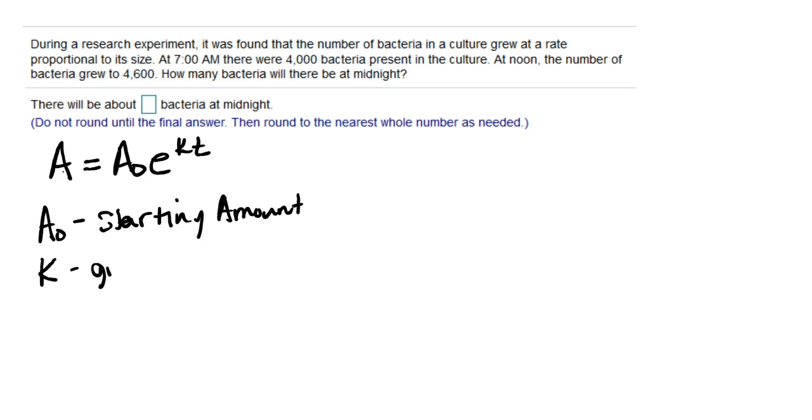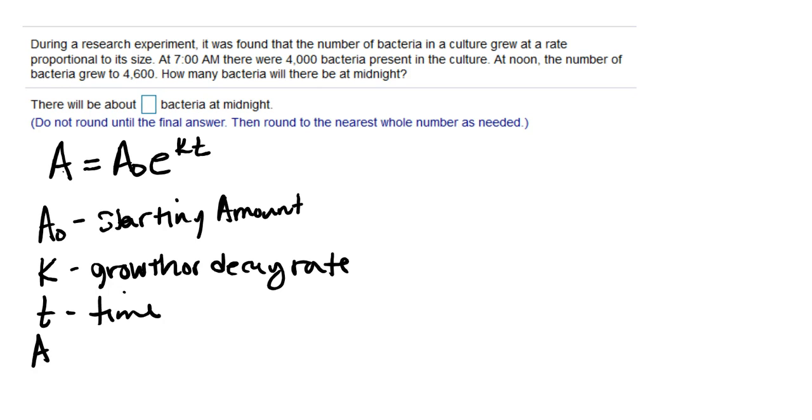K is our growth or decay rate. T is time. And A is going to be our ending amount after whatever period of time we have.